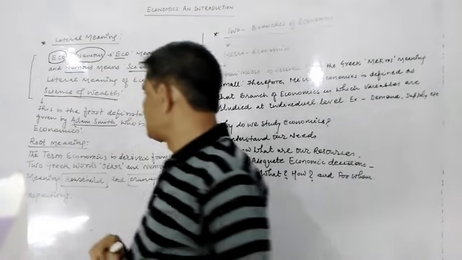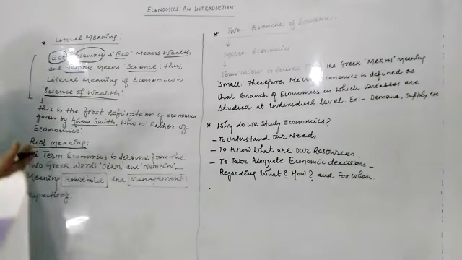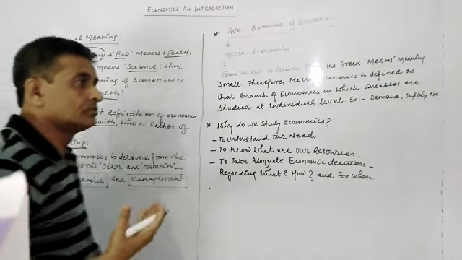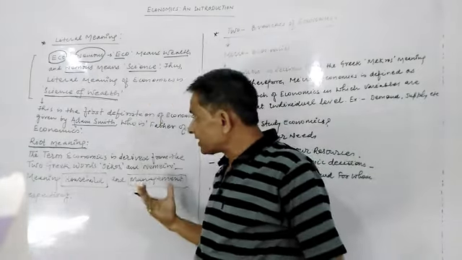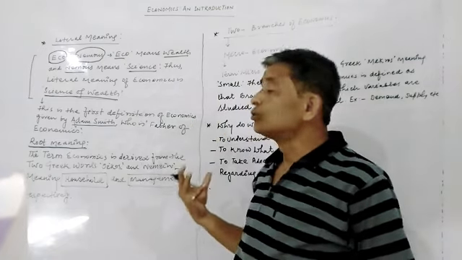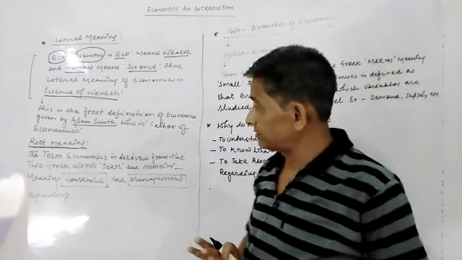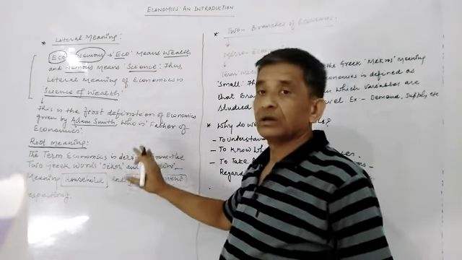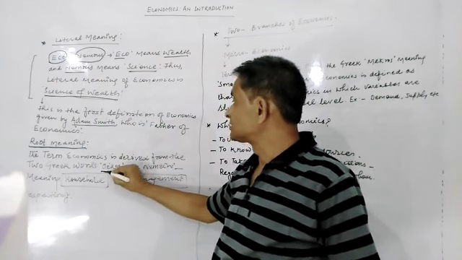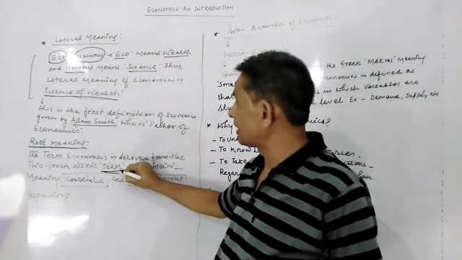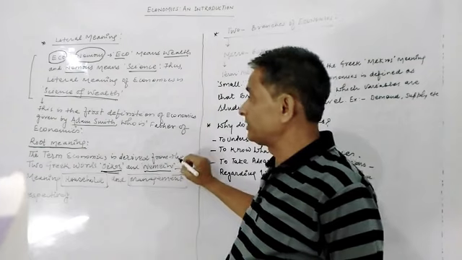The second point that I would like to explain to you is the root meaning of economics. Regarding anything, we used to ask the question, where has it originated from? Similarly, I am explaining to you the root meaning of economics. According to its root meaning, economics is derived from 2 Greek words, oikos, spelled O-I-K-O-S, and nemein, N-E-M-E-I-N.